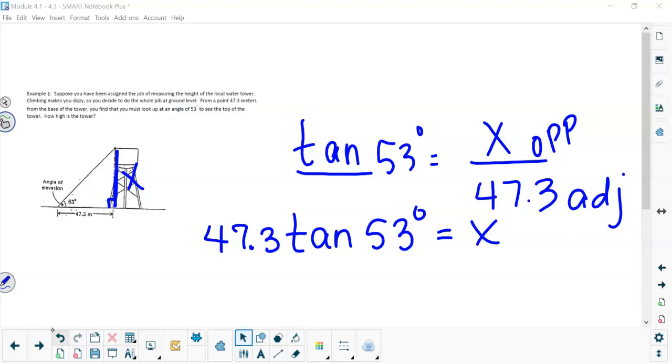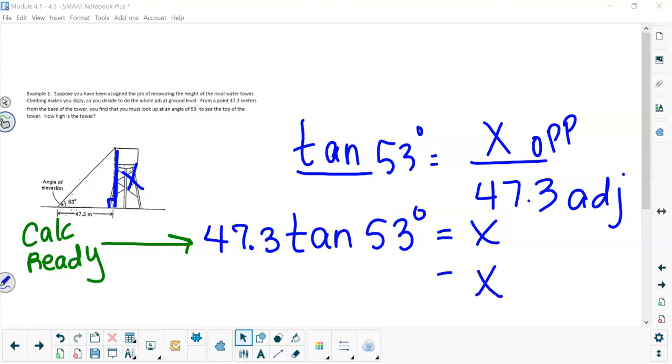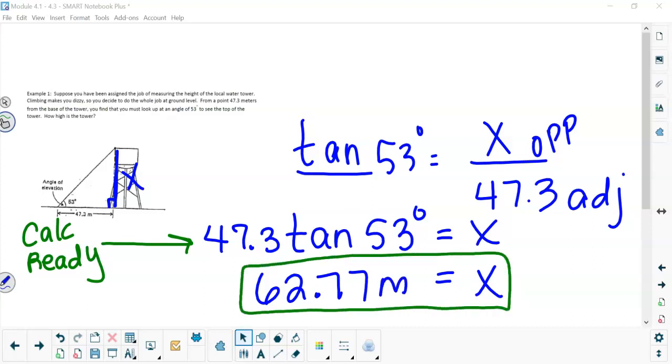This is calculator ready. Turn on your calculator, and you can type that in just like that. Instructions, it's always 2 places. So X equals 62.77. Okay, and y'all, it is a word problem, so don't forget to put meters on that measurement.